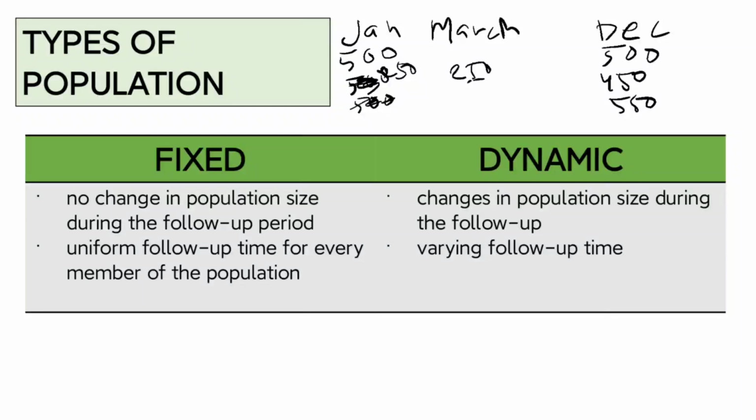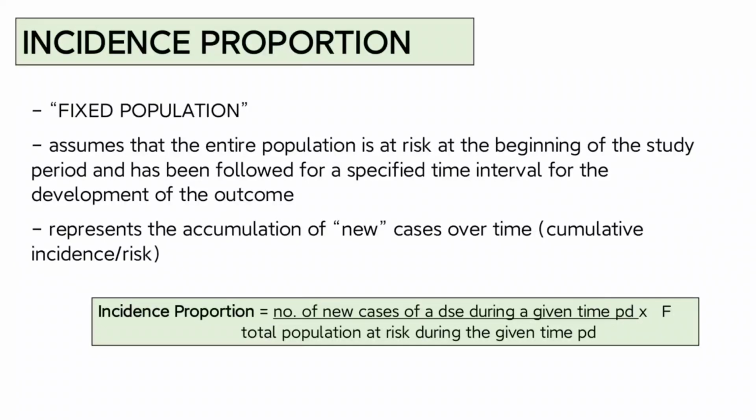So naging iba-iba. Okay? Basta tandaan nyo, pag dynamic, there are multiple changes or varying dun sa follow-up time, no? Magulo siya, kumbaga. Pag fixed, sila lang, kung sino yung mga nag-start mong na-observe, sila din yung at the end of the time. Okay? So, incidence proportion muna.